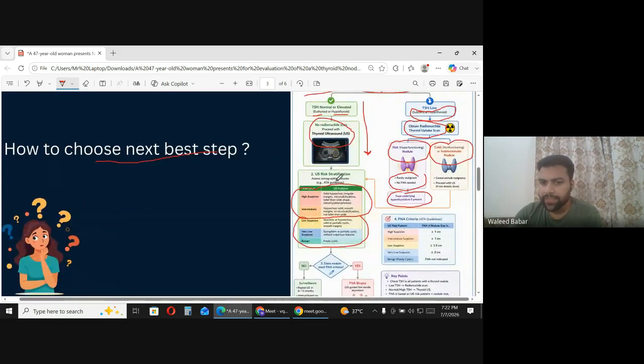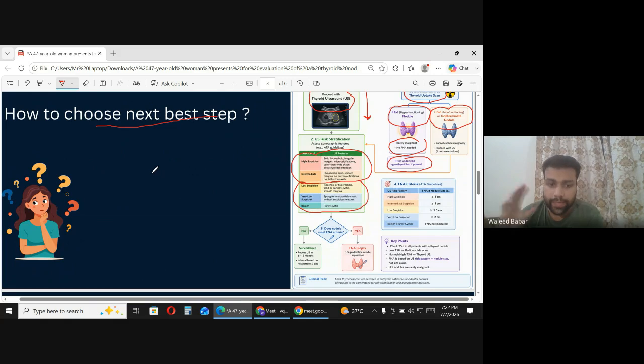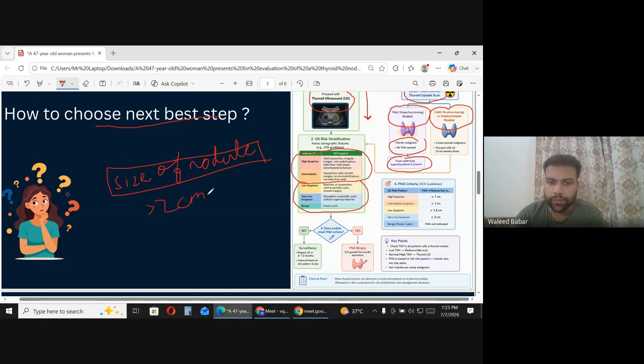Some students make mistakes here. They think that a certain size of nodule in the question will dictate whether we need direct FNA or not. I have taught students, and I have encountered many wrong concepts in students. For example, some consider that if the size is greater than 2 centimeter, then we are not going to need ultrasound, right?